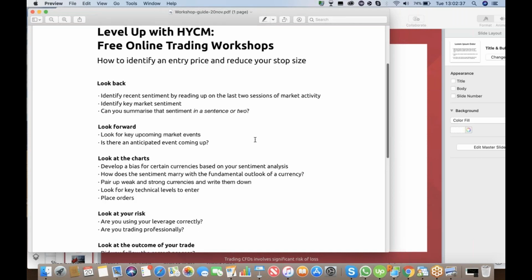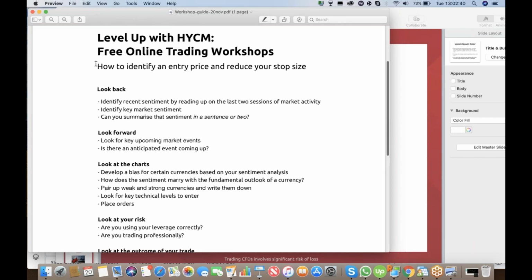On top of that, we have extra content during this workshop. We're going to be looking at identifying entry prices and reducing stop sizes, so you can find a place where you can enter the market, and you've also got your stop reduced, so you're risking as little as you can. That's the idea. So how do you find that correct place to enter?